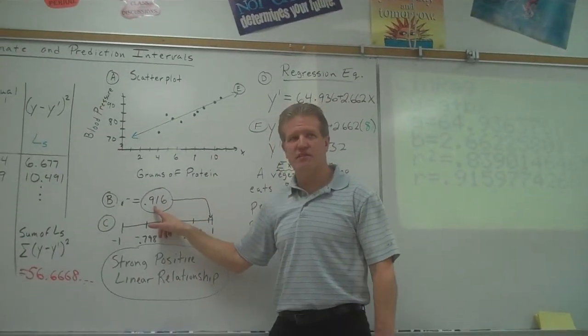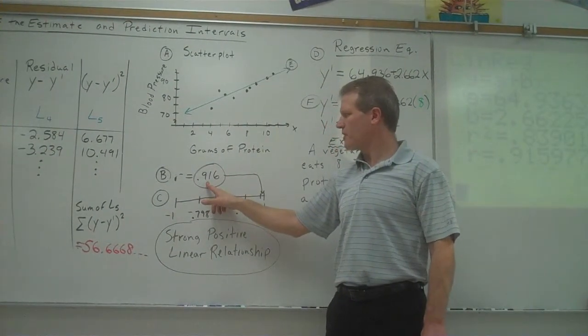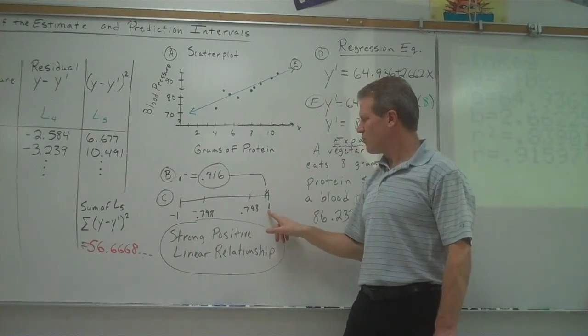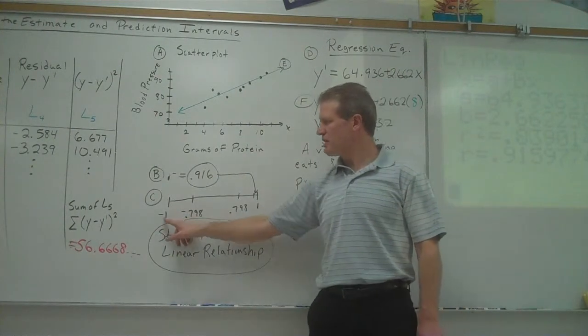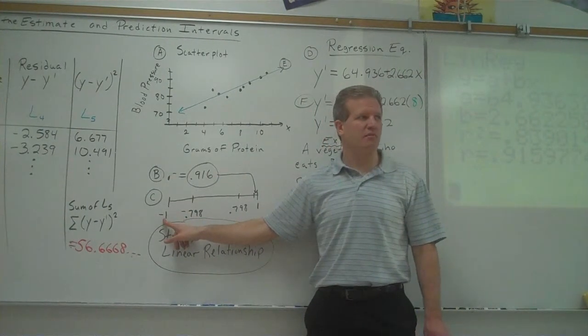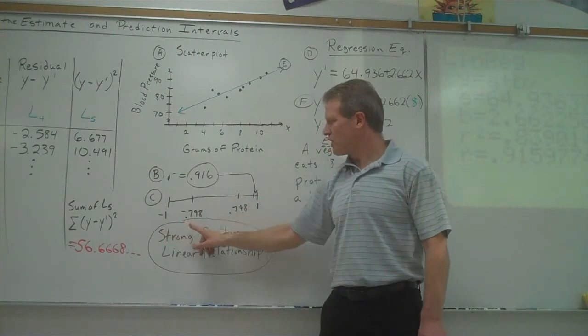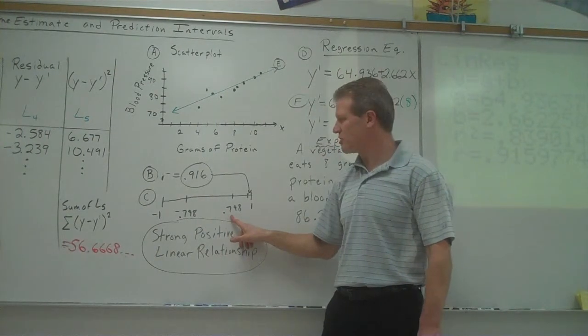Now we need to see if that gives a strong linear relationship or not. So we know that our r values can range from -1 to 1, 1 meaning they line up in a straight line with positive slope, -1 meaning the points line up in a straight line with negative slope. We're going to look up critical values with Table I, which is on the back of your assignment sheet.